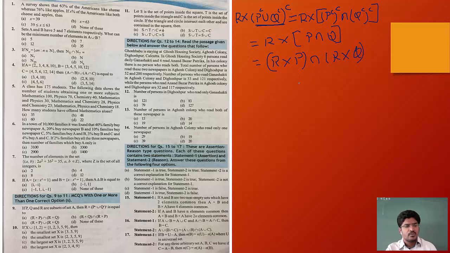So very simple problem, that is (R cross P) intersection (R cross Q) is your answer, that is option A will be the correct one. Clear? See here, this is the correct answer, that is (R cross P) intersection (R cross Q). Okay. So now no problem, let us go for the next question.